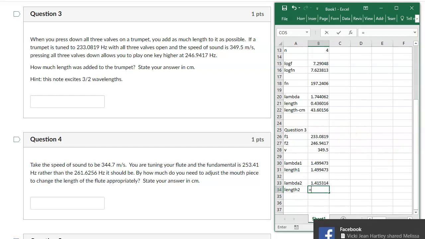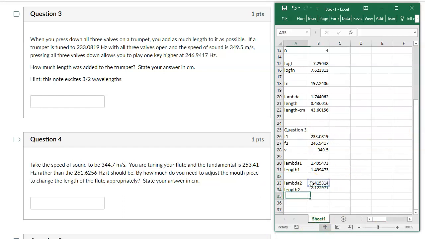And so the length is going to be 3 halves times that. All right, so we're up at 2.12 meters.